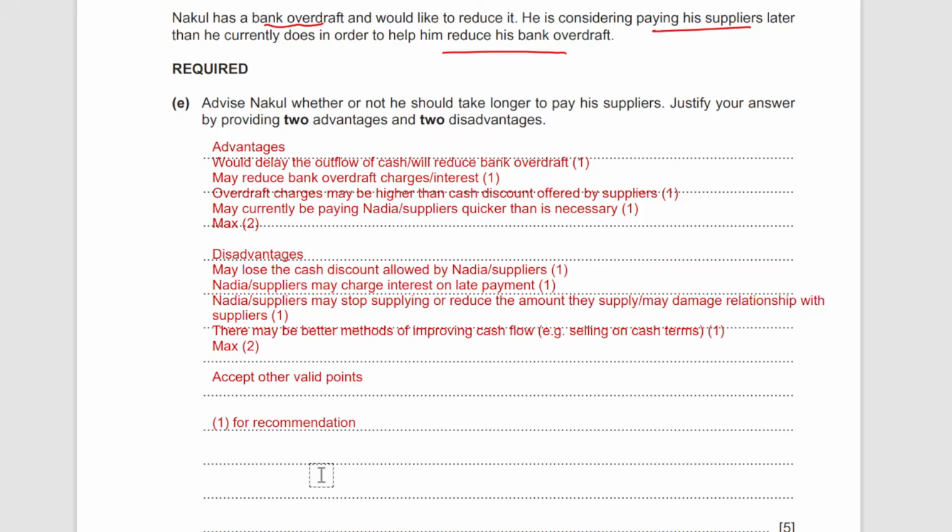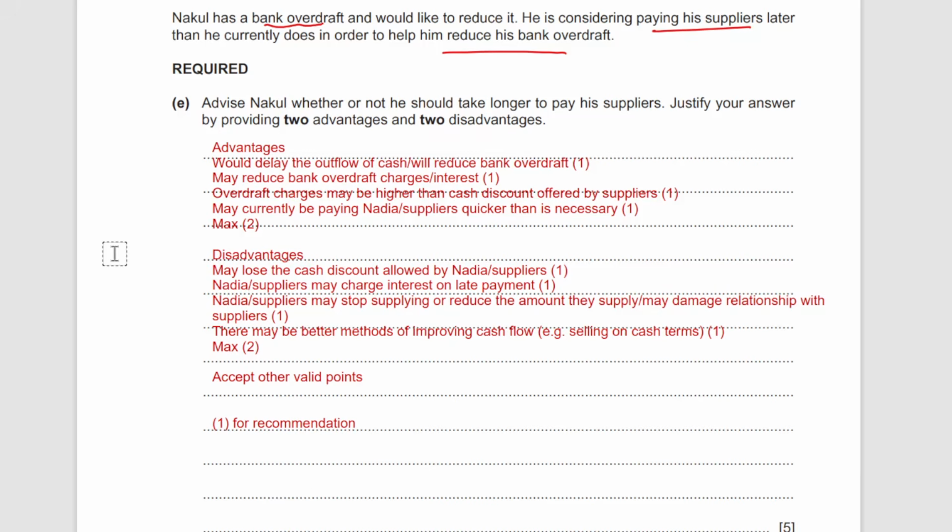Would delay the outflow of cash. That's an advantage, right? And so we can reduce overdraft, may reduce bank overdraft charges. Exactly. Overdraft charges may be higher than cash discounts offered by suppliers. So what they're saying is overdraft is much more expensive than getting the cash discounts. You get it? What they're saying is overdraft charges may be too much.